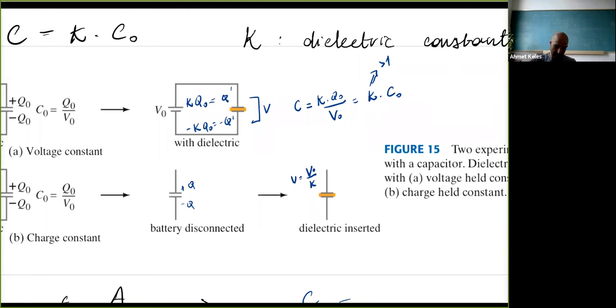If you calculate C in this case, C is equal to the initial Q, which didn't change, divided by V0 over K, and you'll find the same thing, K times C0. So the upshot is, in each case, by putting a dielectric in the capacitor, you increase the capacitance by a factor K.